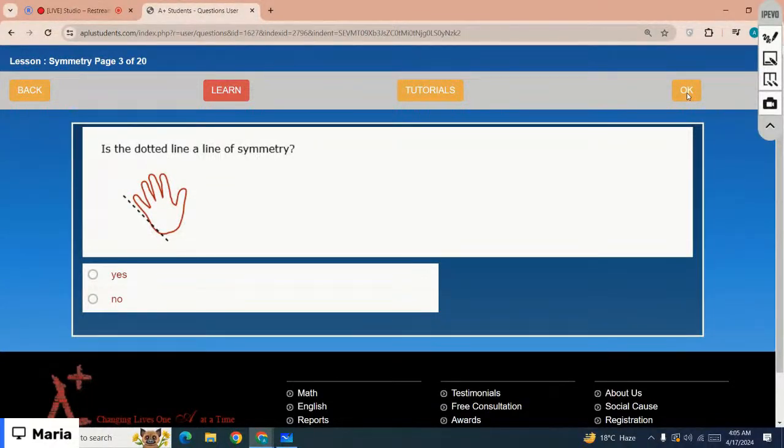Is the dotted line a line of symmetry? Which is the correct option? The correct option is no, this isn't a line of symmetry, right?